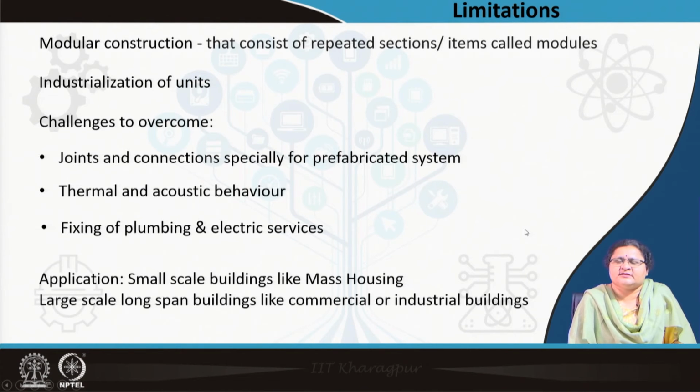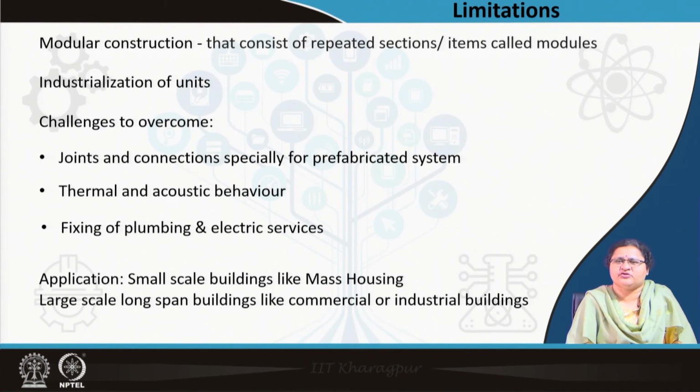Where can it be used? As I showed you, some small scale roofing systems and small scale wall panels can be applied in small scale buildings like mass housing, where you have a few floors of the same plan moving up.